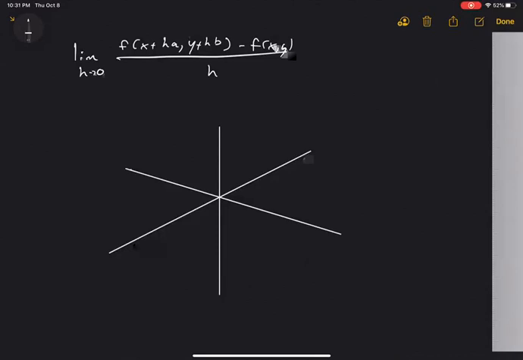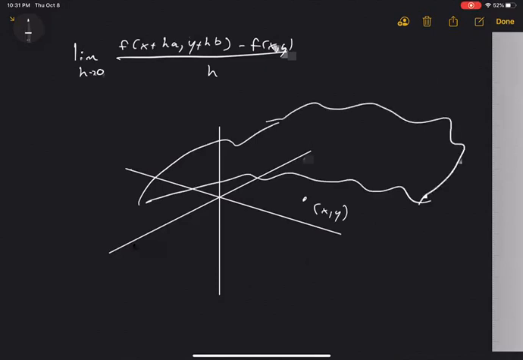So let's say I'm at some point x, y in my domain, and my function has some graph. I graph my function value f(x, y), maybe it's up here.